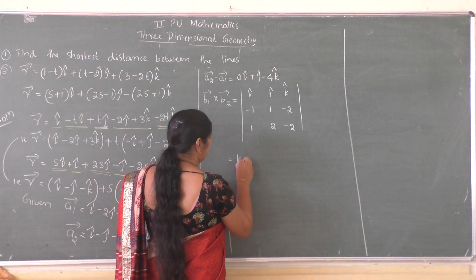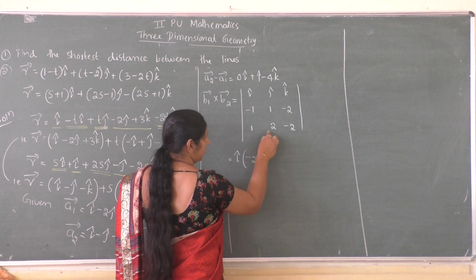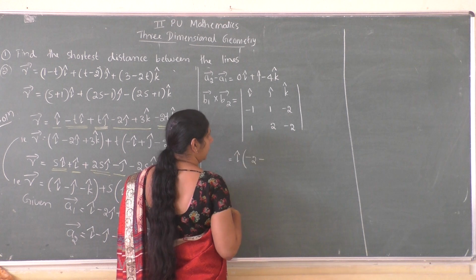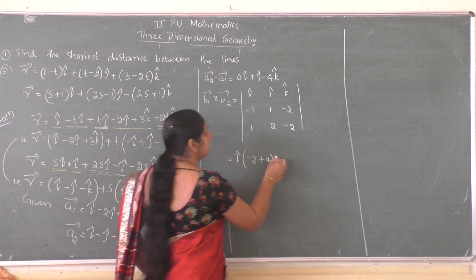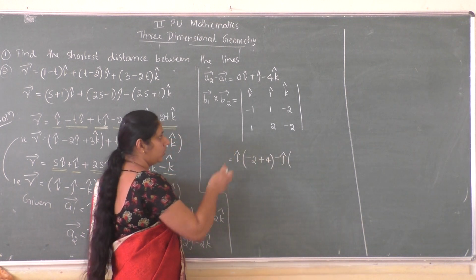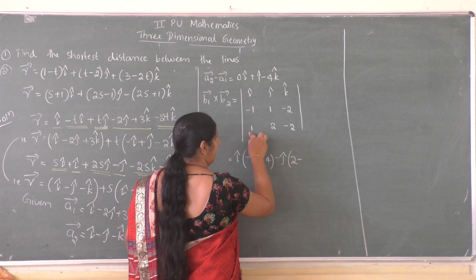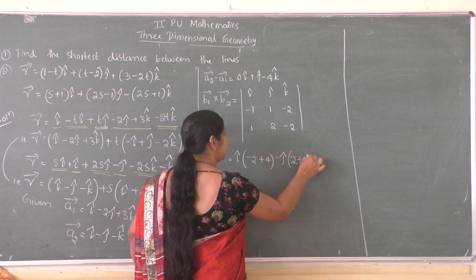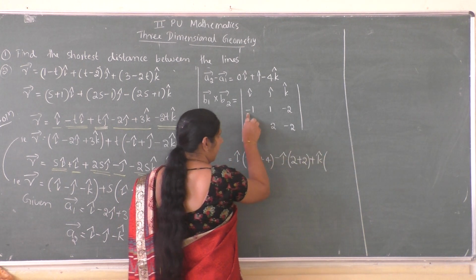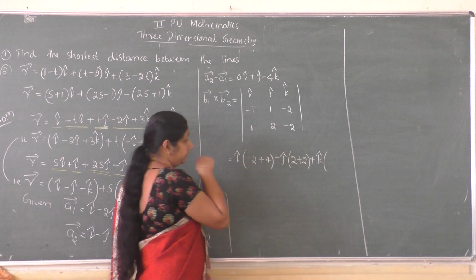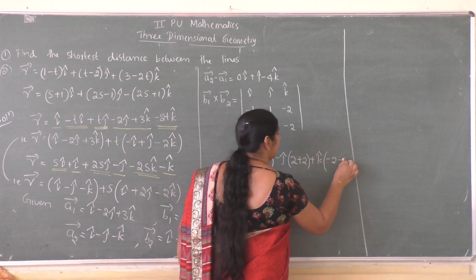So expand the determinant. It is i cap into 1 into minus 2 minus 2 into minus 2, that is minus 4. Minus of minus becomes plus 4. Minus j cap into minus 1 into minus 2, minus 1 into minus 2 is minus 2, it becomes plus 2. Plus k cap into 1 into minus 1, minus 1 into 2, minus 2, 1 into 1, minus 1.